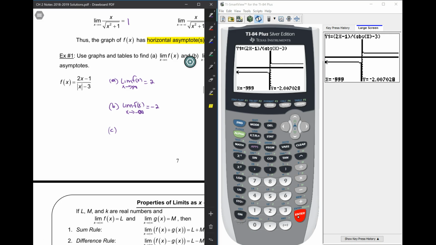So if as x approaches infinity the limit is a finite number, then I get an asymptote there. And if I have a finite number as x approaches negative infinity, then I have an asymptote there. So my asymptotes are y equals plus or minus 2. Okay? Does this make sense?